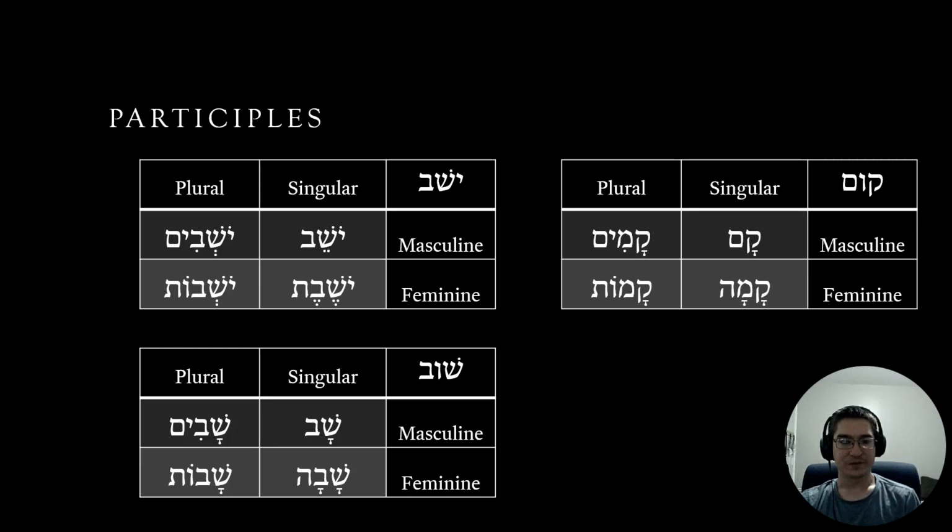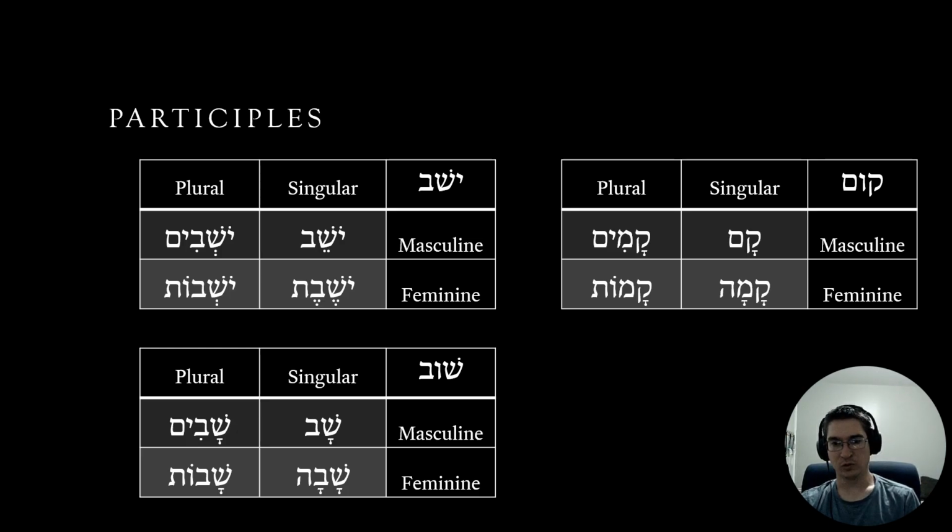Our last topic for this video is going to be participles. Participles, just like imperatives, have 4 forms each. It's worth noting, just briefly, that participles are not actually verbs. They're actually verbal adjectives. That is, they are adjectives that have a verbal component to them.